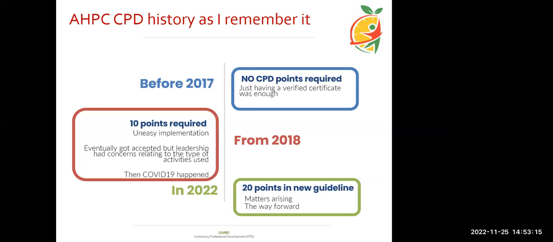And then besides that, you also needed to have paid for the CPD activity. The condition for the CPD for 10 points was actually quite limiting when we know that there are different modes of acquiring knowledge.